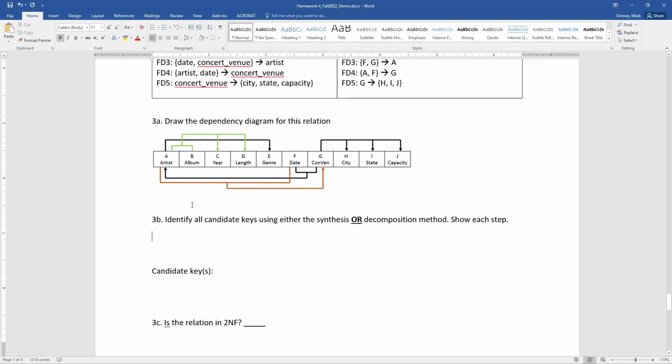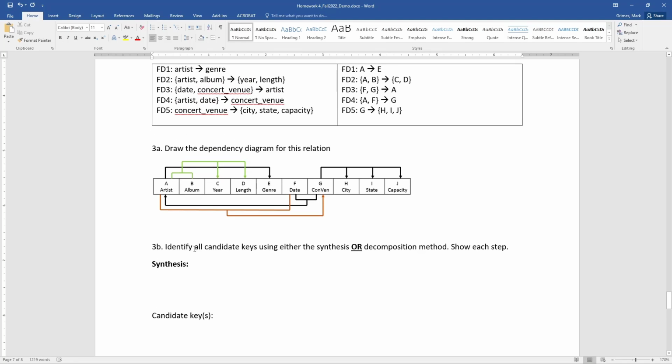Again, let's just start with the synthesis method. So the closure of A is going to be A, E, and I believe that is it. The closure of A, B is going to be A, B, C, D. And I believe that's it for that.